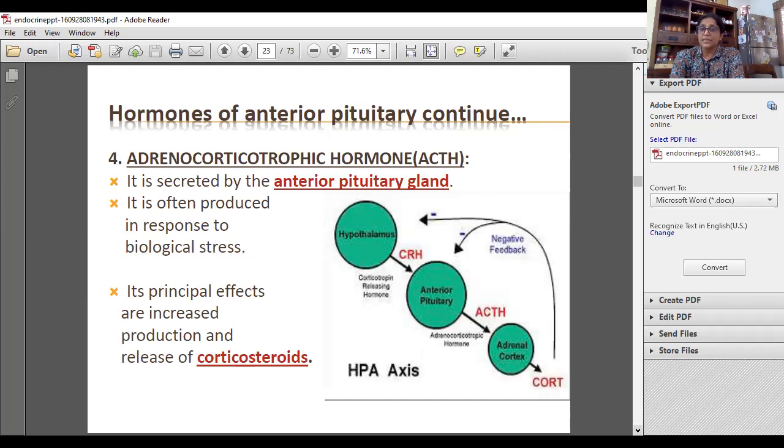In the second category of trophic hormones from the anterior pituitary, we have the adrenocorticotrophic hormone. Now we know the adrenals are a very, very important endocrine gland, secreting more than 3 important steroidal hormones and non-steroidal corticoids. So these hormones are very important for a lot of functions of our body.